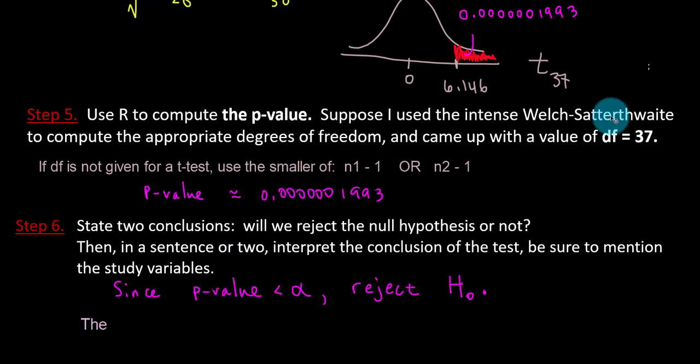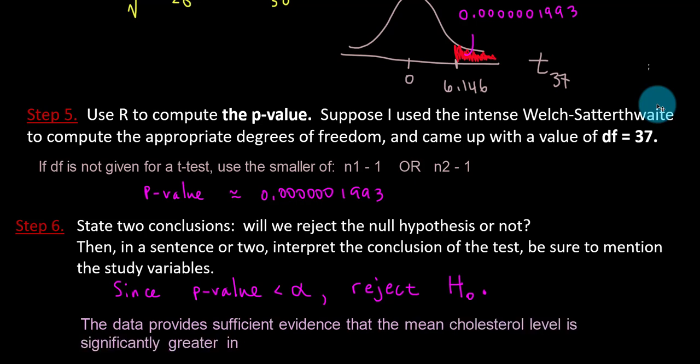So I would say something to the extent of: the data provides sufficient evidence that the mean cholesterol level in recent heart attack victims, compared to individuals who have not recently suffered from a heart attack.